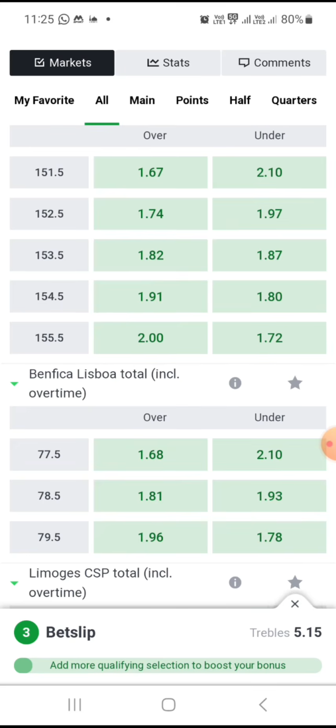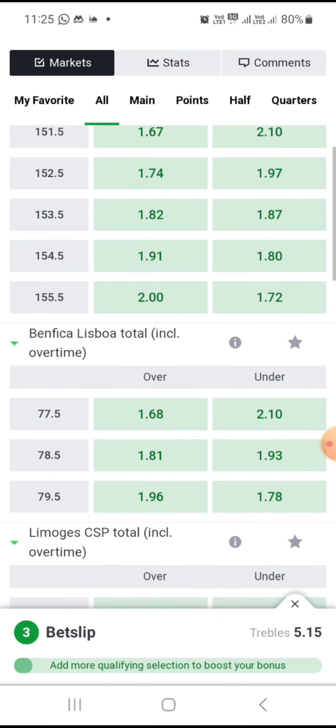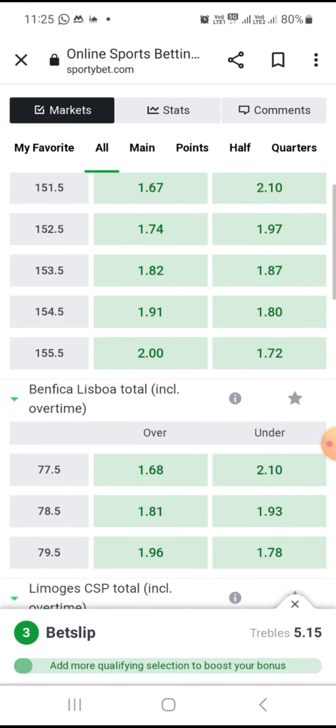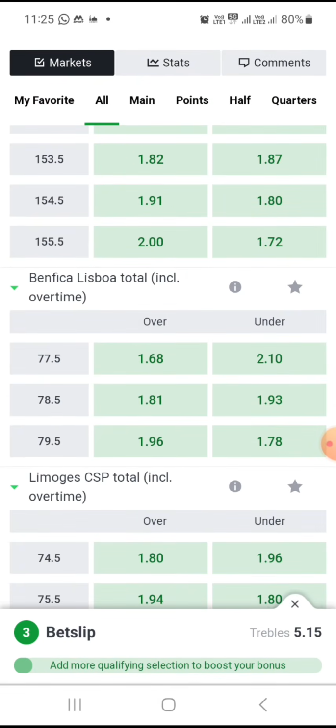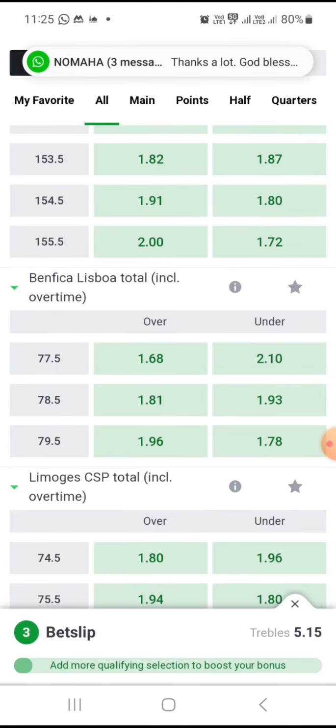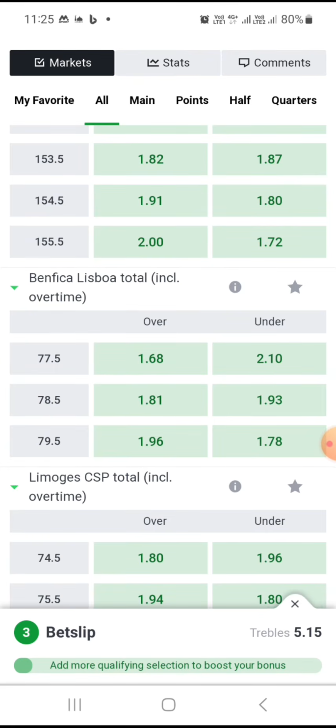When divided by 5, it has 79, so it's higher than this. So if you play over 77.5, you might get it. It's good, you get it. But if you're playing over 79.5 even, you might get it, but it's a little bit risky. But if you play under 79.5, you might not get it. So if you play over 77.5, it's okay.